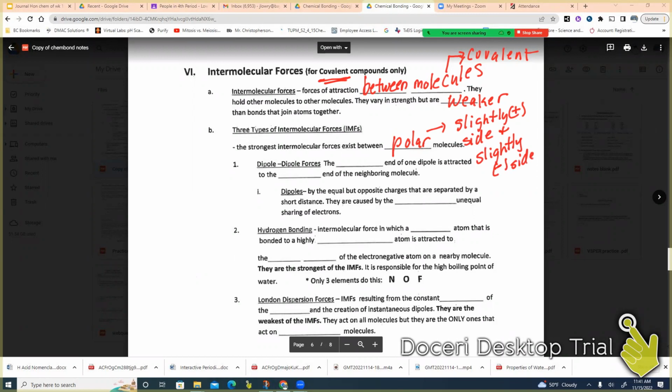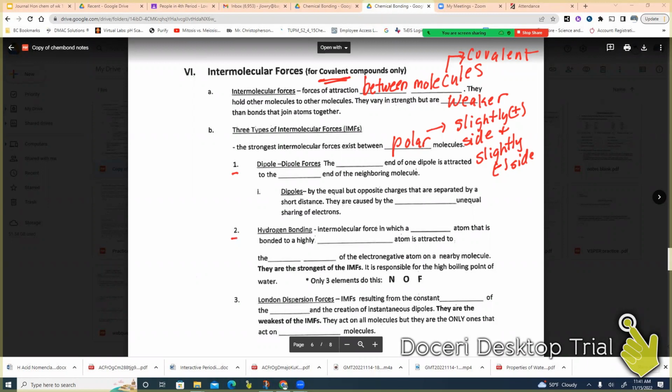We see that in water. Oxygen pulls the electrons more toward it, so it's going to have a negative side where the hydrogens would have a positive side. So under forces that work for polar molecules, we have 2. One is called a dipole-dipole force, and the other one is called hydrogen bonding.